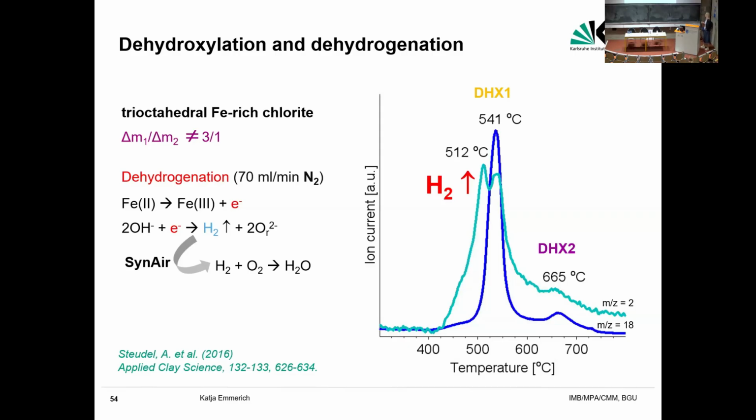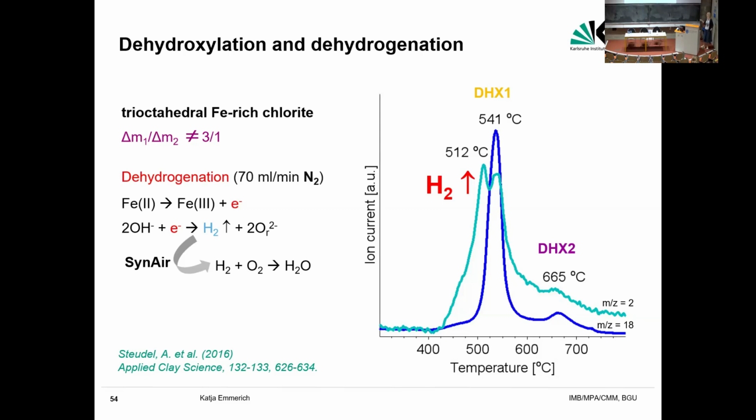If you have iron 2 in the chlorite structure, which is very common, then the iron could be oxidized, and then hydrogen is evolved prior to the dehydroxylation. Those hydrogen atoms are then no longer available to form water molecules.